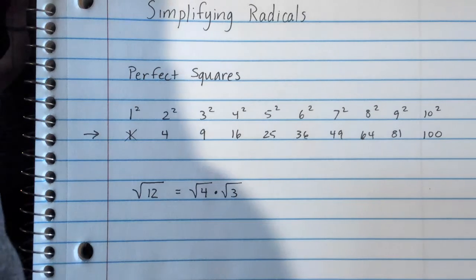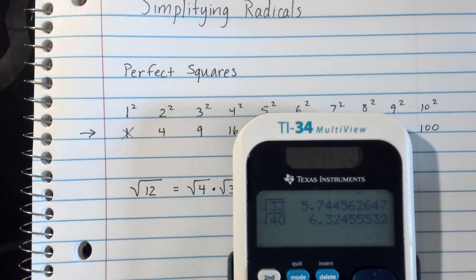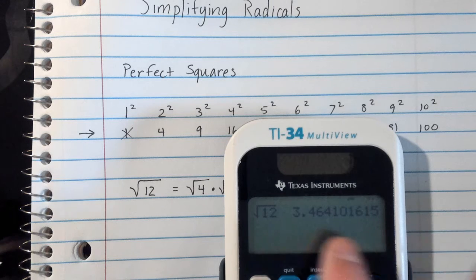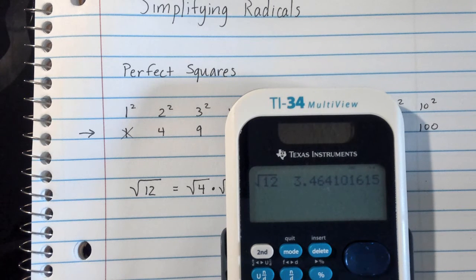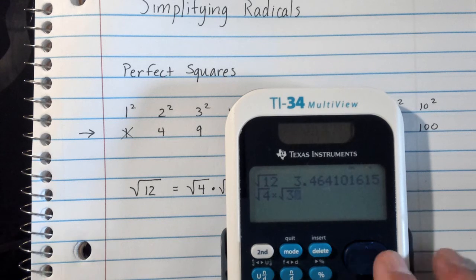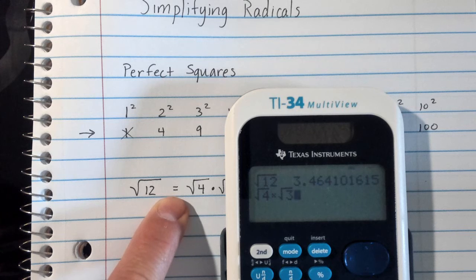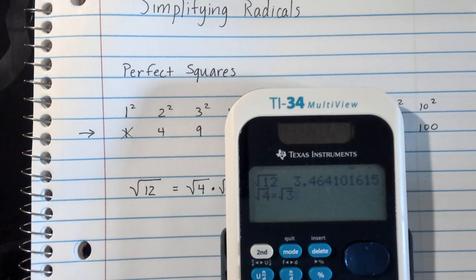If you're not sure, you can always check. If I take the square root of 12 and press enter, you get that decimal. I'm saying that the square root of 4 times the square root of 3 is the same, because I used the equal sign. So when I press enter, it better give me the exact same decimal, and it does, identical.